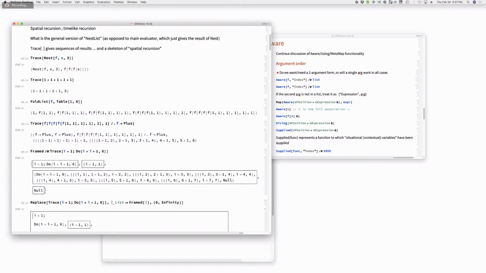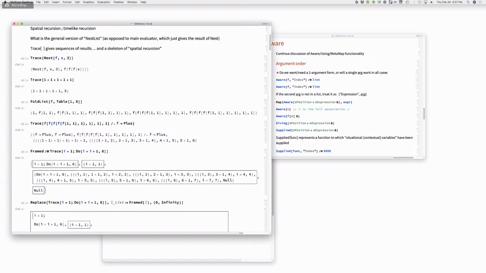Okay. I think the issue with trace is that it gives you a sequential history of a computation. There are two different aspects of how you get to the next part of the computation: one is reevaluation, and the other is recursion through an expression.